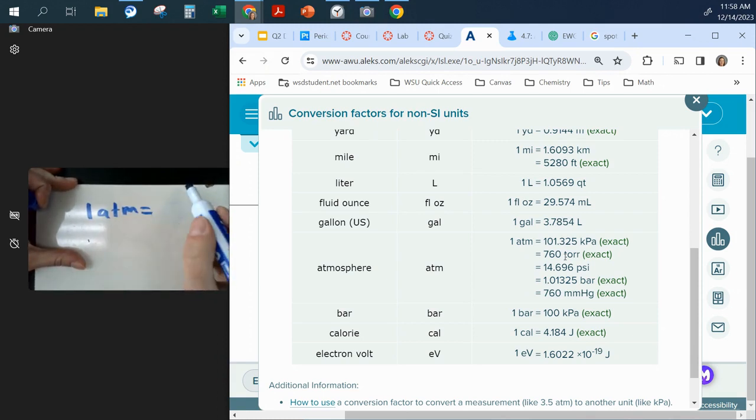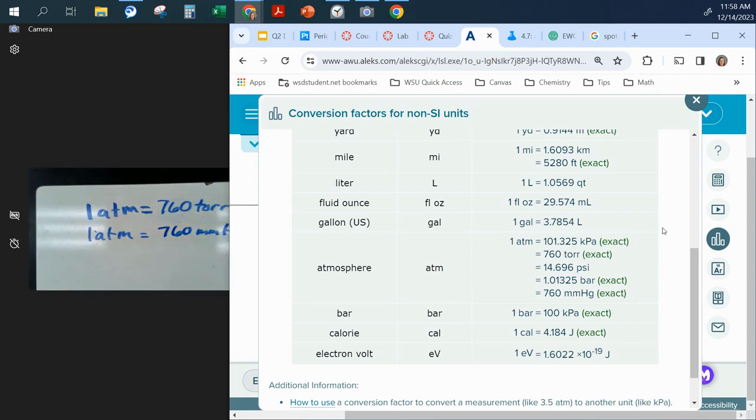It's equal to 760 torr. And 1 atmosphere is the same as 760 millimeters of mercury. Okay. And I think these are the only ones that come up on this topic, but if I needed to convert into other units, those are also here. Okay, we might for the other topics, I can't remember.